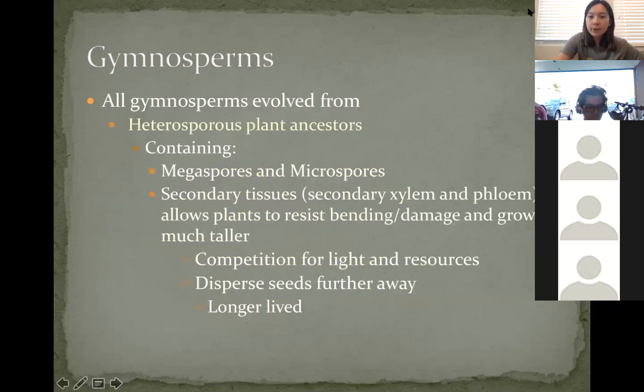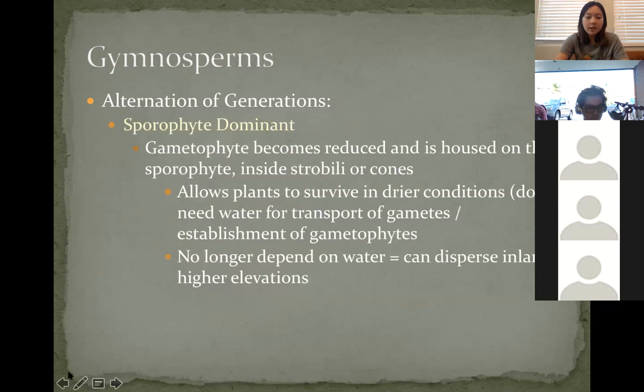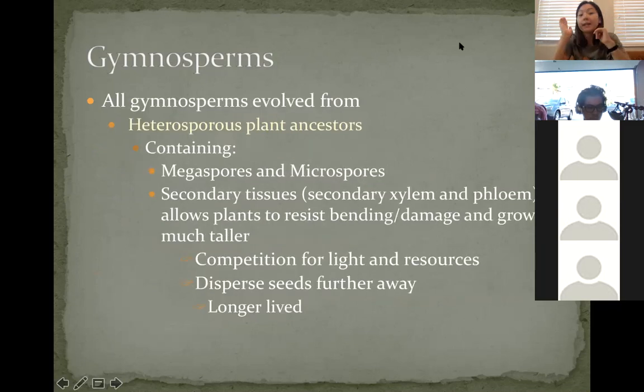So all gymnosperms evolved from heterosporous plant ancestors. So remember that heterosporous means that they produce 2 different spore types, 1 female spore and 1 male spore. So it'll have 2 separate plants, a female plant and a male plant. Specifically megaspores and microspores.